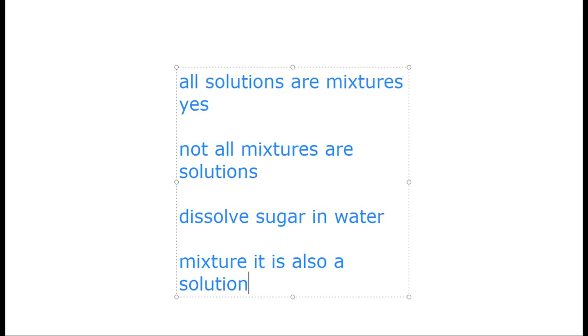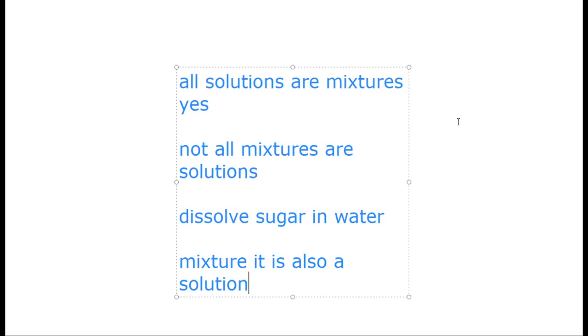Again, if you dissolve sugar in water, you make a solution, but it's also a type of mixture. You can say that it is a special type of mixture called a solution.